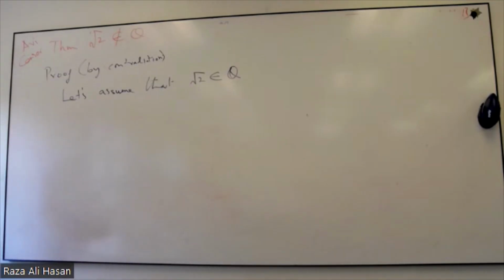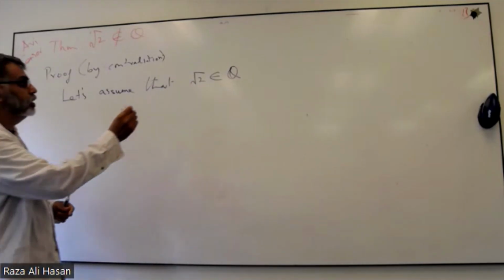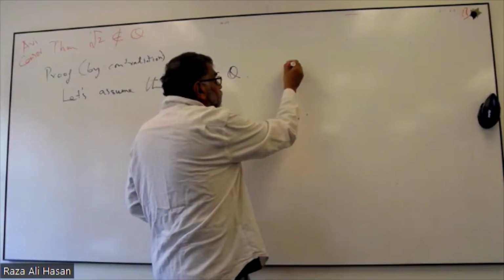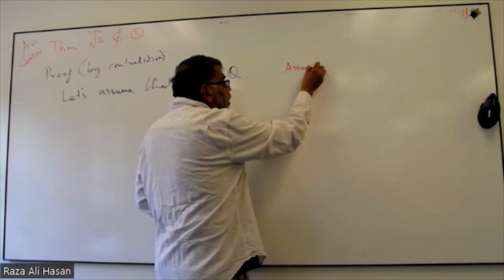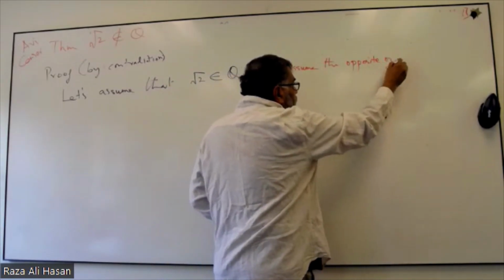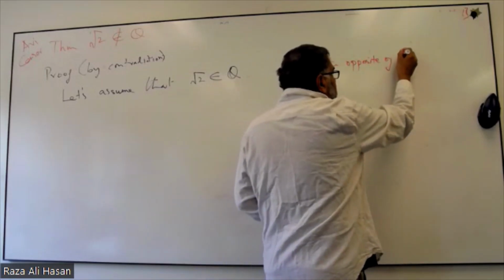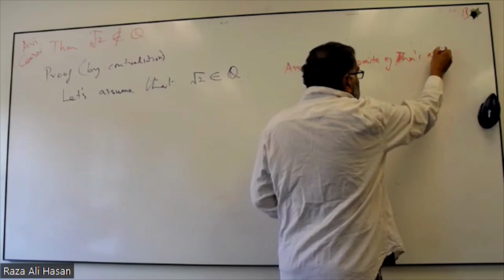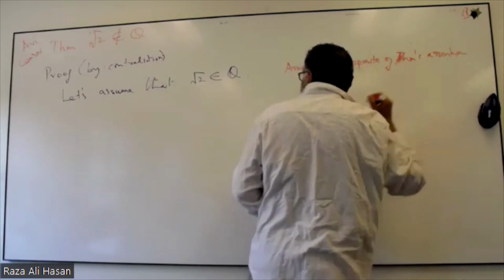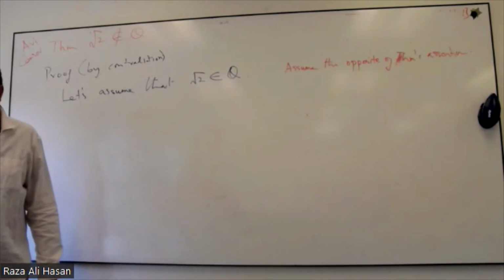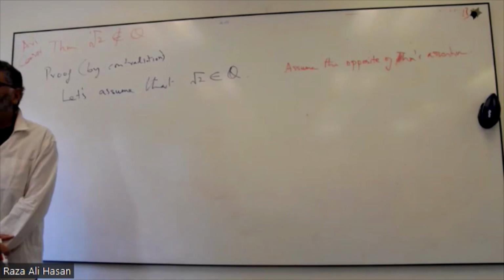This is where you bring in the definitions. So I'm going to write here what we just did. We did what? Assumed the opposite of the theorem's assertion, that square root of 2 is a rational number. Next, at this point, you go, okay, what do I know?